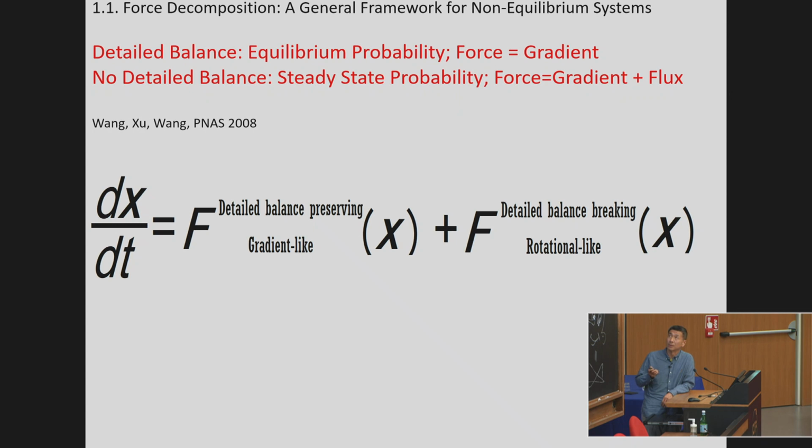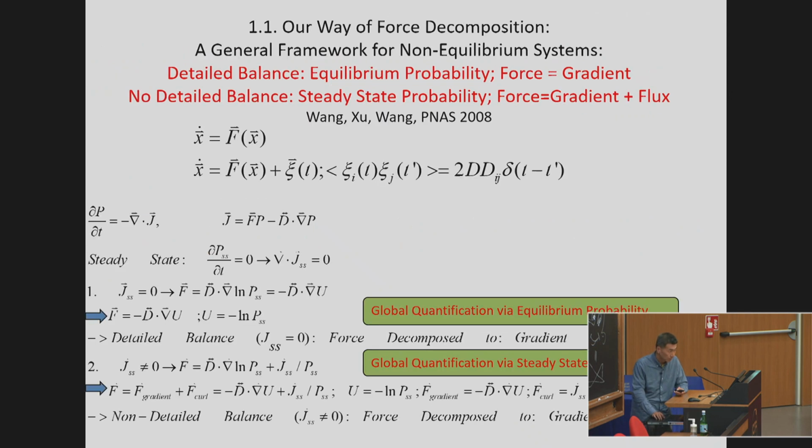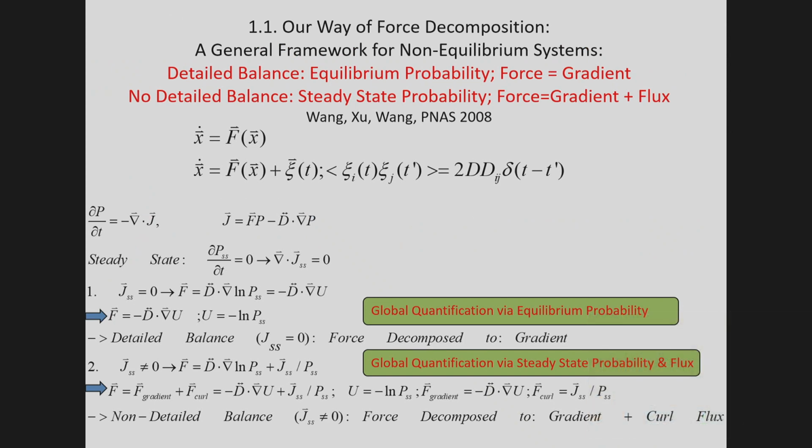And second of all, this force is directly related to the net flux coming in or out of the system. So this is the measure of the non-equilibriumness, or the degree of detailed balance breaking. Plus, it has an interesting feature: it's rotational. I'll give you a very quick and brief proof of that.